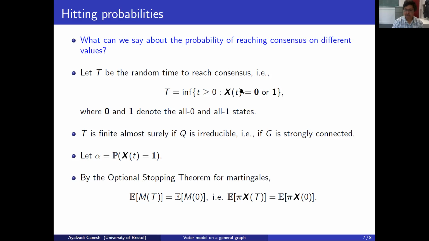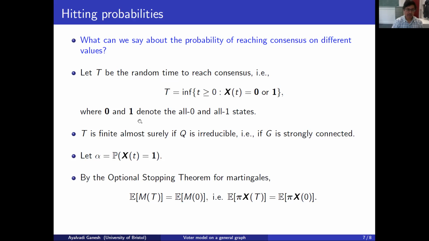It's bounded between Xt being the all zero or all one vectors. If Xt is all zero, MT takes the value 0. If Xt is all 1, MT is the sum of the elements of pi. Pi is a probability vector, so it's 1. So MT is bounded between 0 and 1. I should have said that before using the optional stopping theorem.